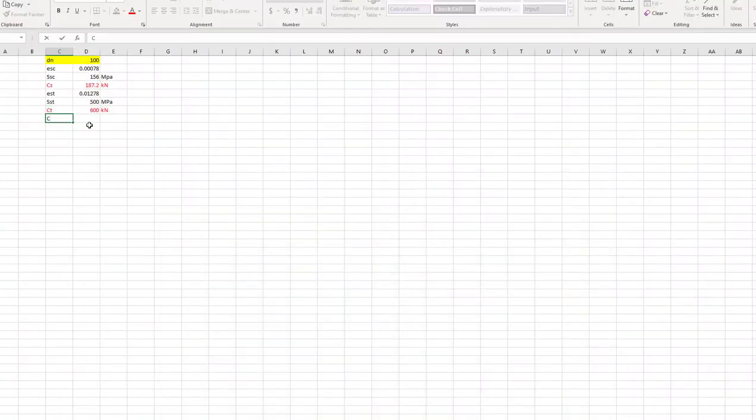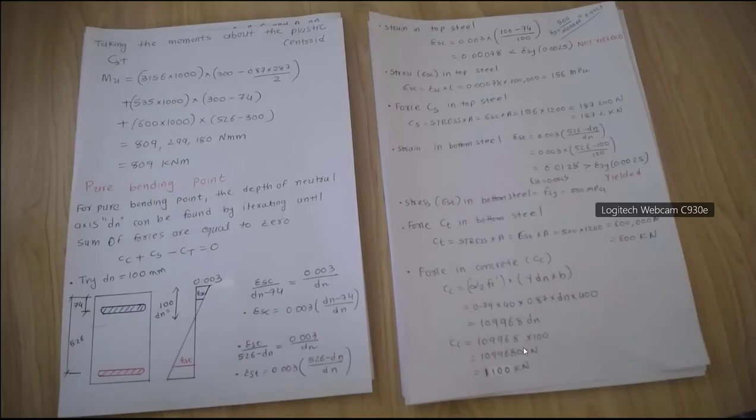Force in the concrete Cc is equal to 10996.8 times dn, divided by 1000 to get it into kilonewtons. So that is in kilonewtons. That's the third one. Let's check it out. We have 1100, that's perfect.